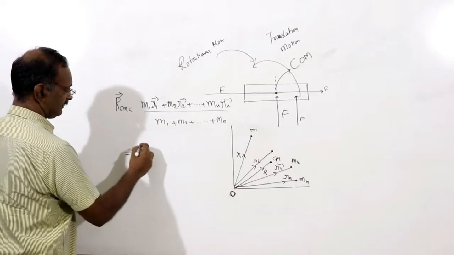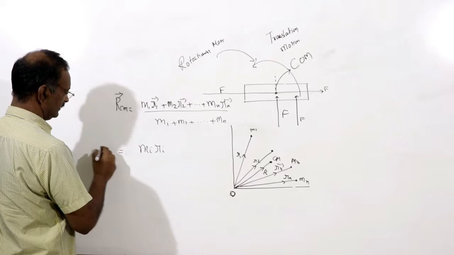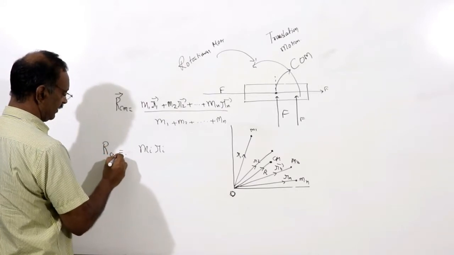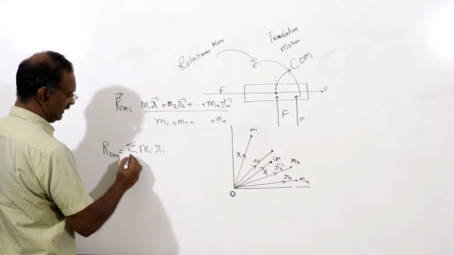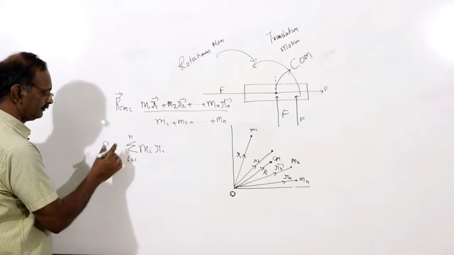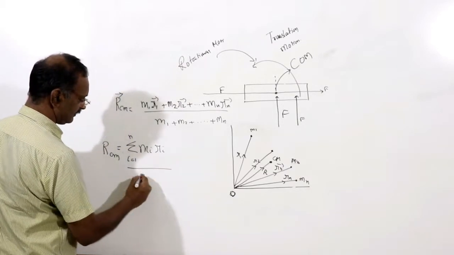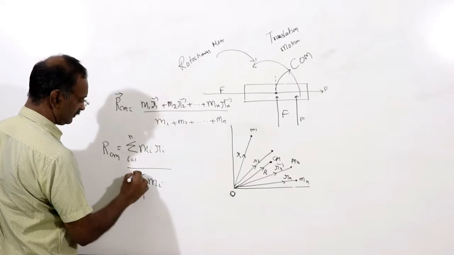So in scalar form, it is the sum of Mi Ri, with i equal to 1 up to n particles, divided by the sum of Mi, with i equal to 1 to n.